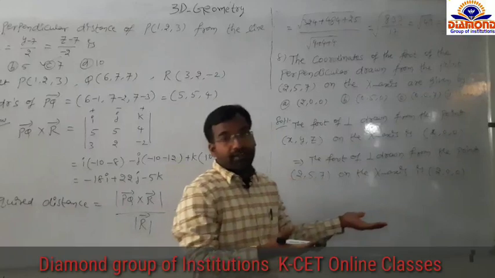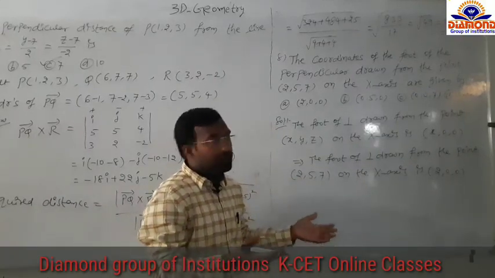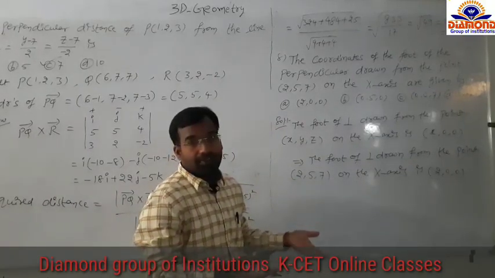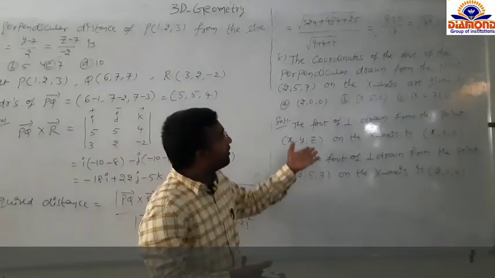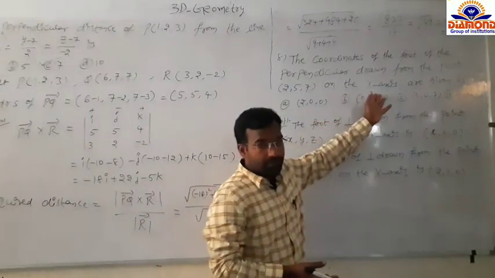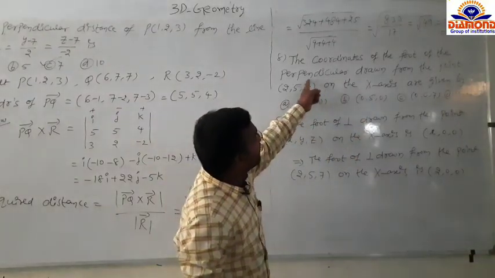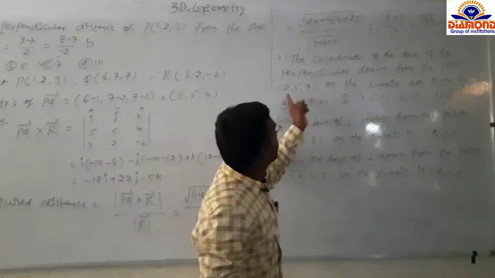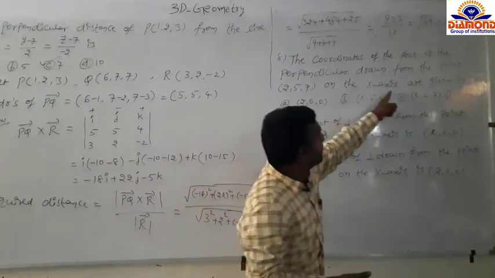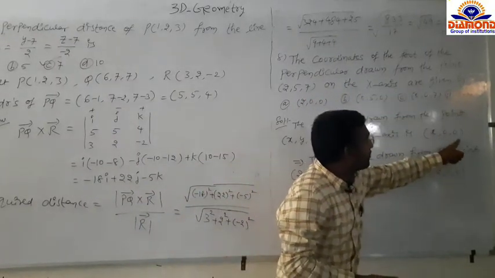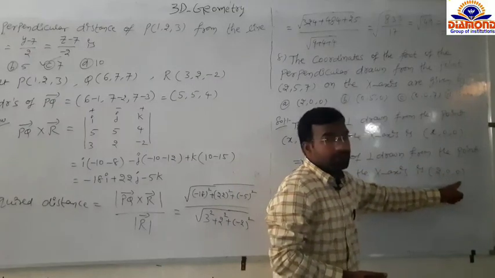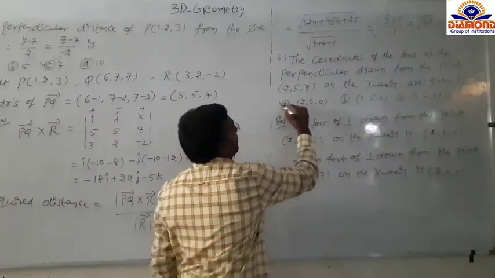Similarly for the y-axis 0, y, 0, and for the z-axis 0, 0, z. Here we need the foot on the x-axis only, so it is 2, 0, 0. That's why the option is A.